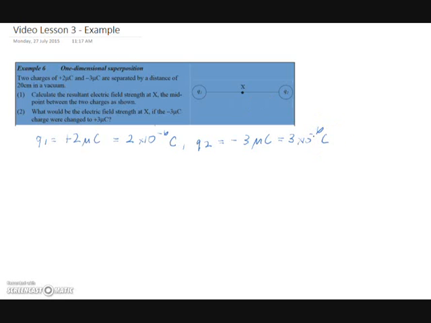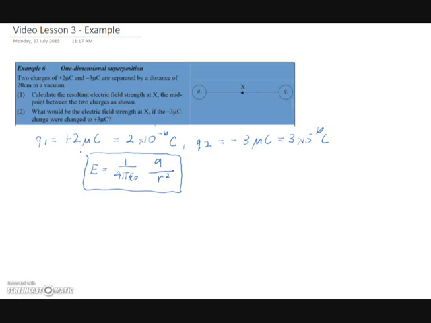And we also know how to calculate field strength. Well, now we do. It's E is equal to 1 over 4 pi epsilon naught, with Q on the top and r squared on the bottom. So we have our formula, which is always good.